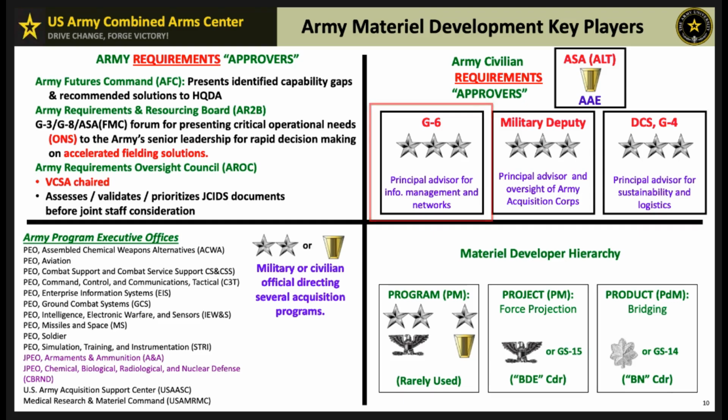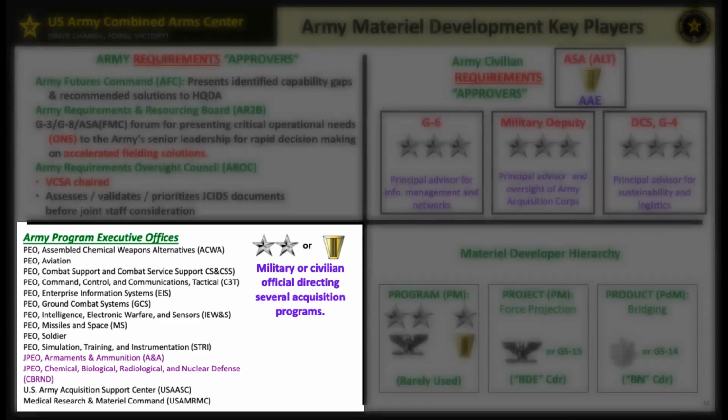Also, we have the G6, who's the Principal Advisor on Information Management and Networks, the Military Deputy, the Principal Advisor and Overseer of the Army Acquisition Corps, the Deputy Chief of Staff G4, who's the Principal Advisor for Sustainability and Logistics.